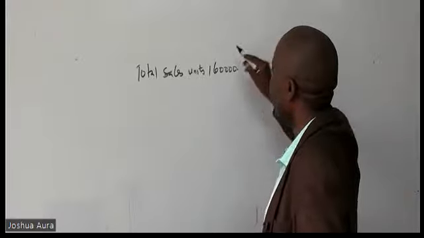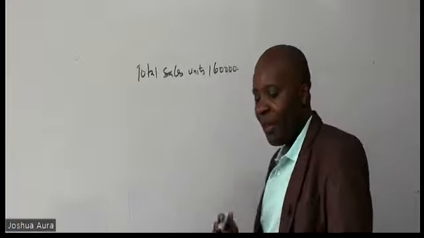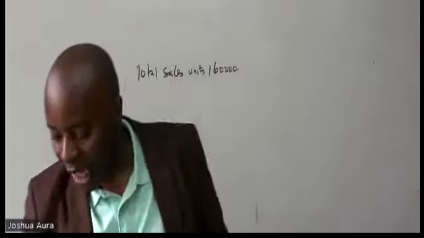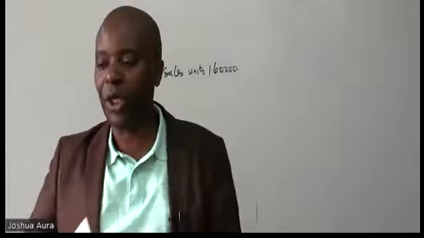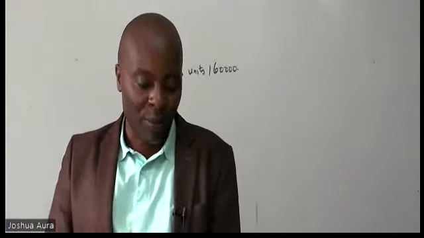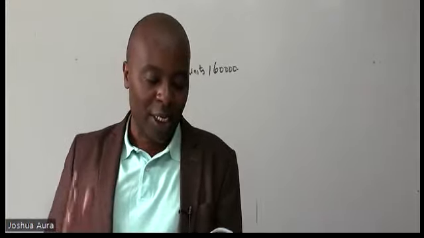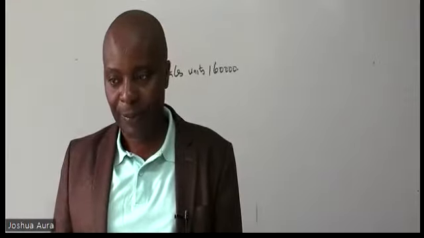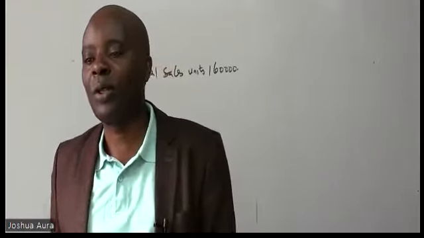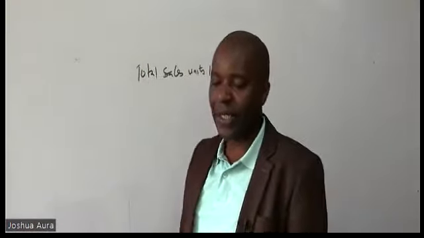So we have here, total sales is 160,000. I'm getting the total sales units from this table given. They told me number of units here are 120,000 for A, and B is 40,000. So if you add 120 plus 40, that gives us 160,000.